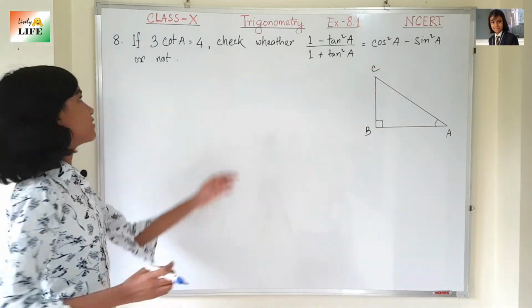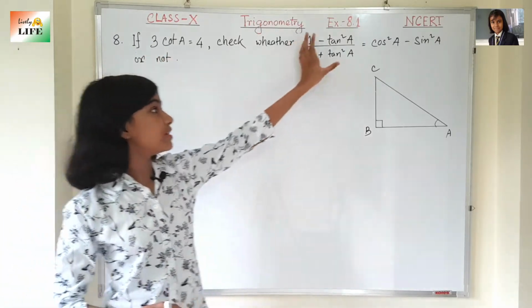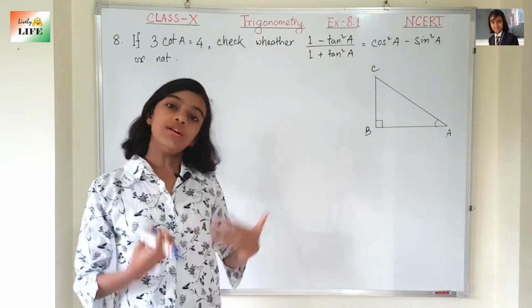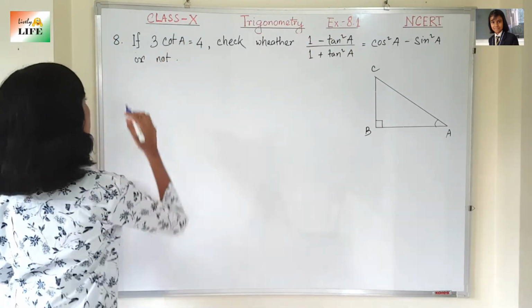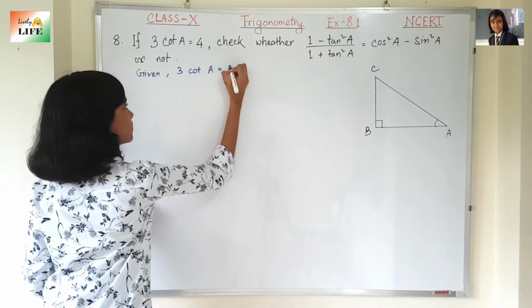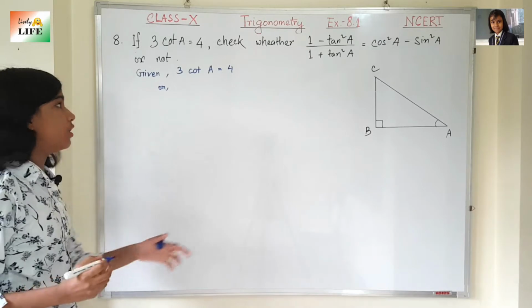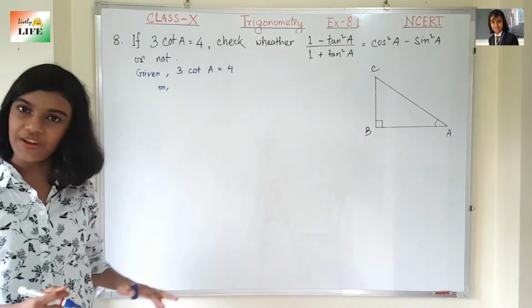So over here it is given that 3 cot A is 4, and we have to prove whether this is equal to this or not. So now what is given? 3 cot A is equal to 4. Then cot A is equal to 4 by 3, right?